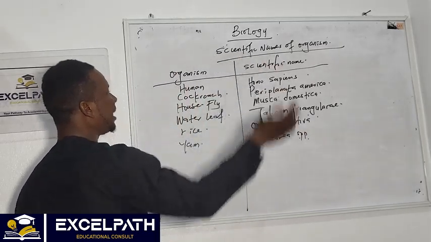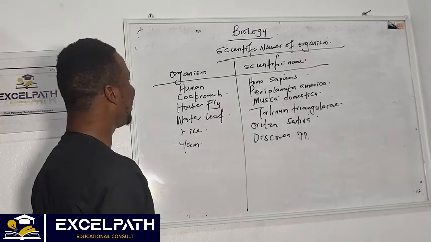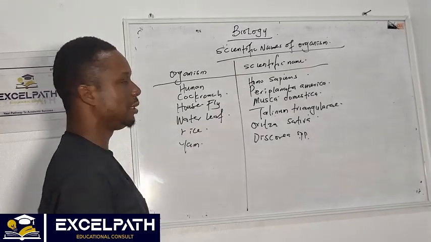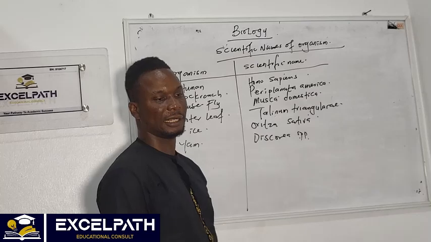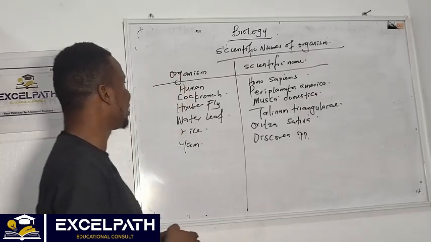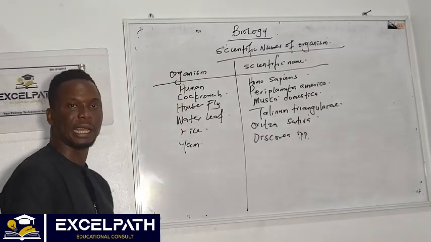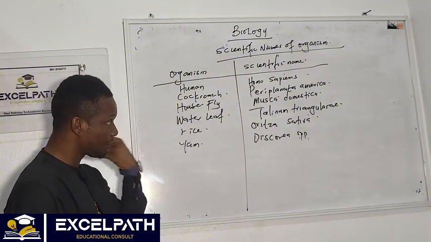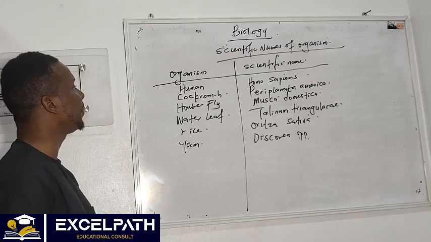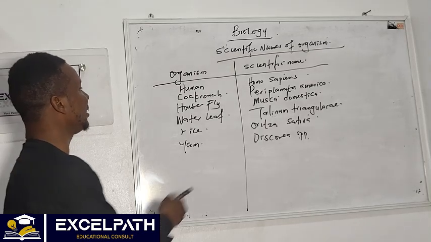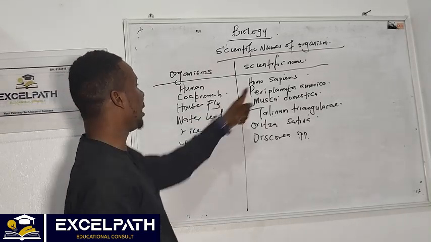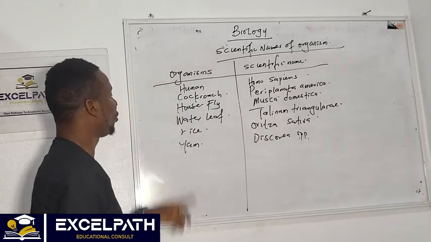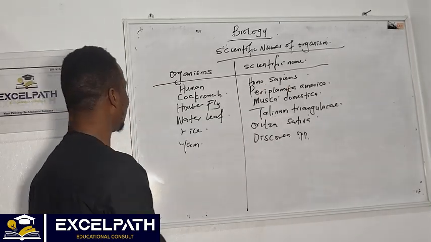So we have different scientific names. Mind you, all these are gotten from the combination of the genus and the species. So these are examples of some scientific names. Let me repeat myself again. The organisms and their scientific names. Human being is Homo sapiens.